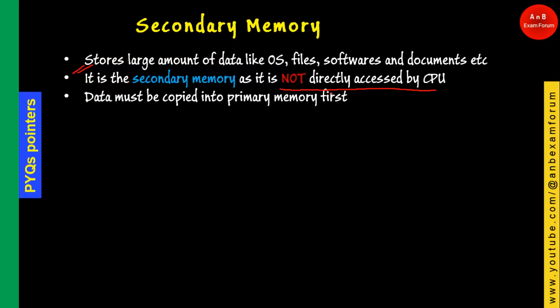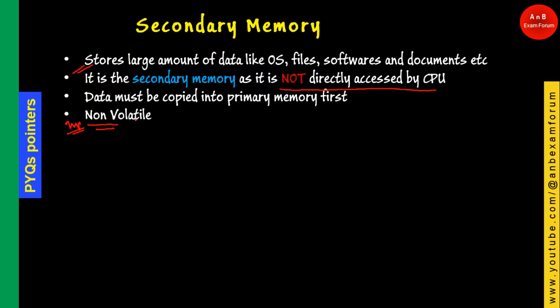So that is the stored program concept that we have seen in the early classes. One of the important characteristics of secondary memory is that it is non-volatile. We have seen this terminology many times. Non-volatile means the data will remain in the storage device even if electricity is gone, even if power is off.